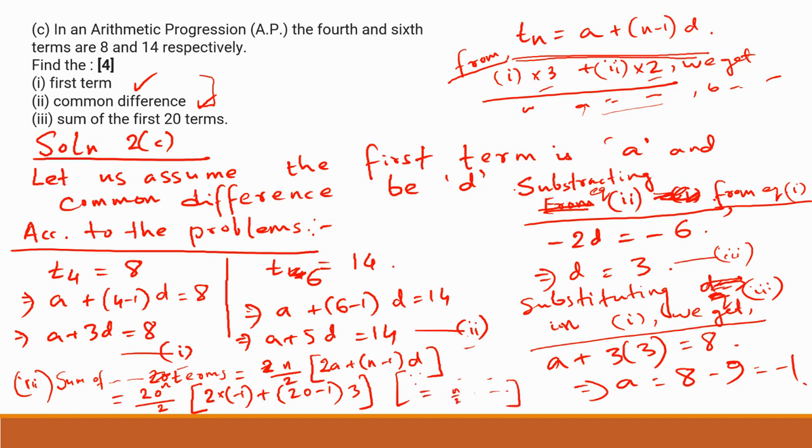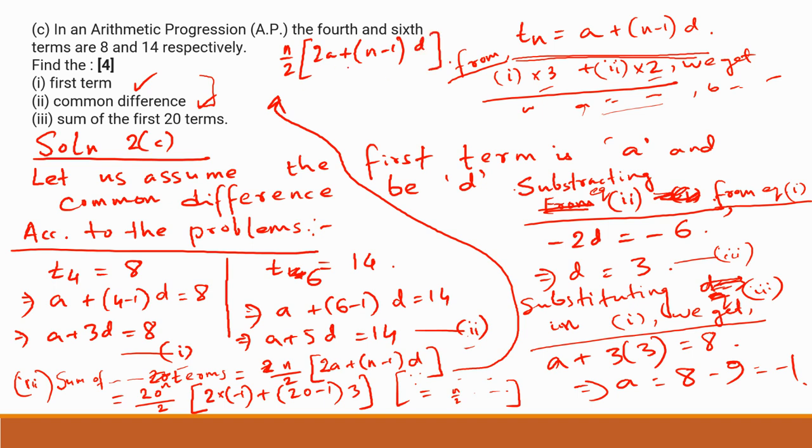Basically the examiner knows what you are doing, instead of just writing a formula like that. You guys know it, right? The sum of the first n terms is n by 2 times 2a plus n minus 1 times d.